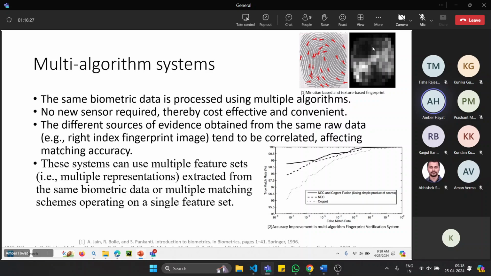So we can see that when we use multi-algorithm systems, there is a higher chance that the false match rate will be reduced, and your system will be more accurate compared to one having a single algorithm.